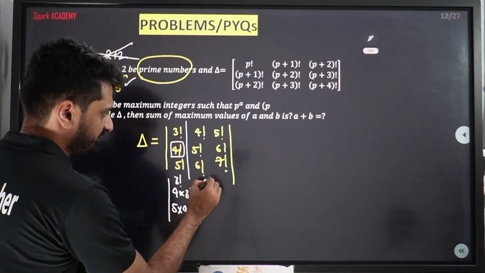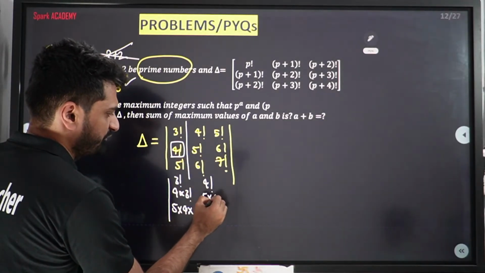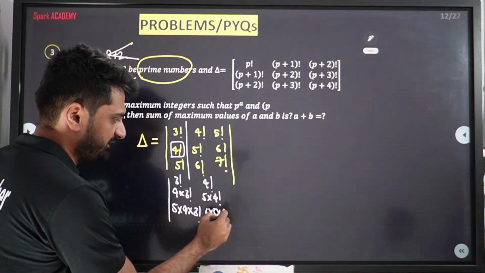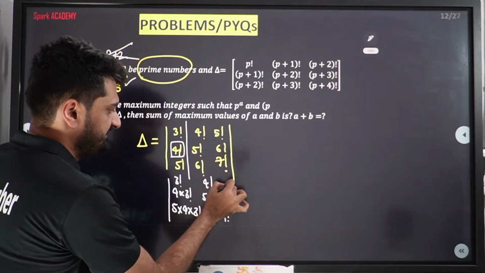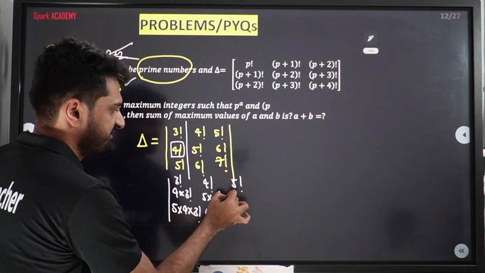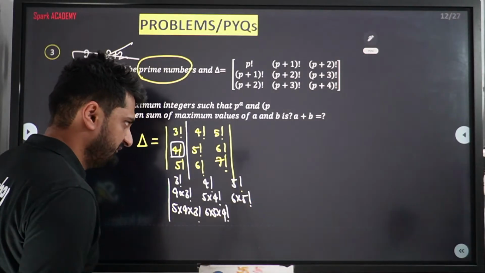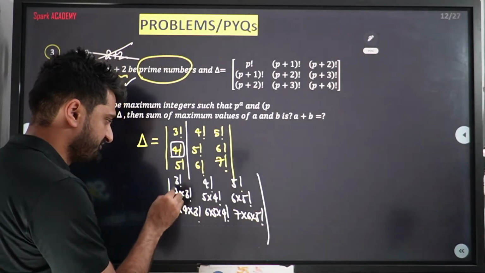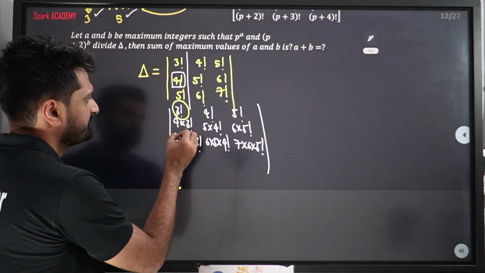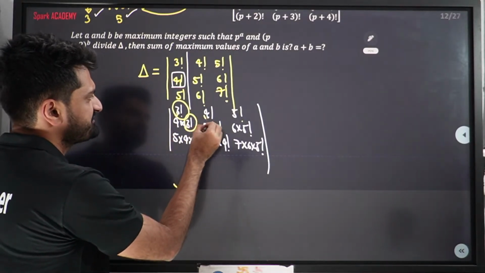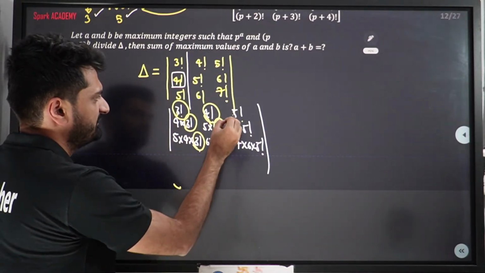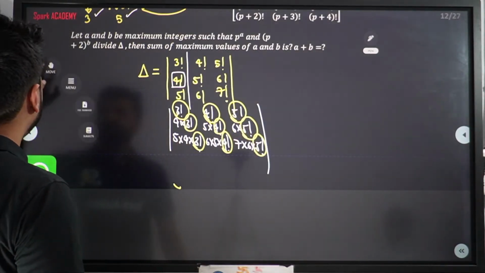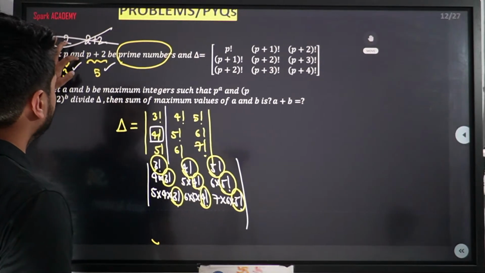Ikkada again 4 factorial. ఈ 5 factorial ni 5 into 4 factorial అని రాస్తున్నామమ్మా. ఈ 6 factorial ni 6 into 5 into 4 factorial లా రాస్తున్నాము. అగైన్ దీనిని 5 factorial లాగానే రాద్దాము. 6 ని I can write it as 6 into 5 factorial. 7 ని I can write it as 7 into 6 into 5 factorial. ఇప్పుడు మీరు అబ్జర్వ్ చేస్తుంది ఏంటి, ఫస్ట్ కాలంలో 3 factorial అనేది కామన్, సెకండ్ కాలంలో 4 factorial అనేది కామన్, థర్డ్ కాలంలో 5 factorial అనేది కామన్. So ఇప్పుడు మనము we can solve it further now.